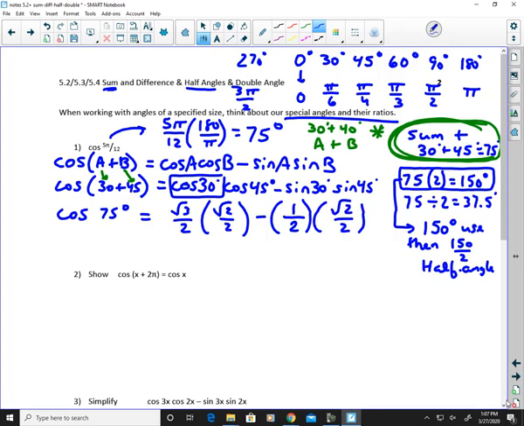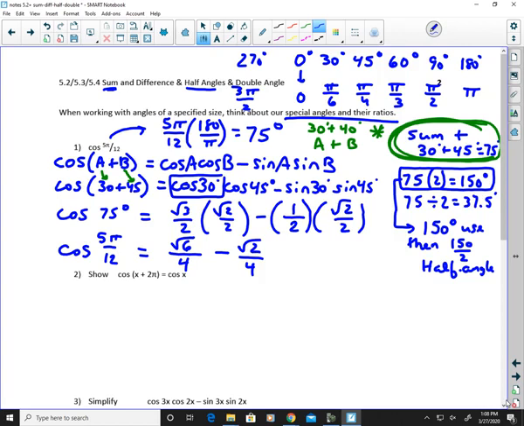And now we're going to have to simplify this. So we know that cosine 5 pi over 12, which is the same as 75, will be root 6 over 4 minus root 2 over 4. You cannot simplify any of this.